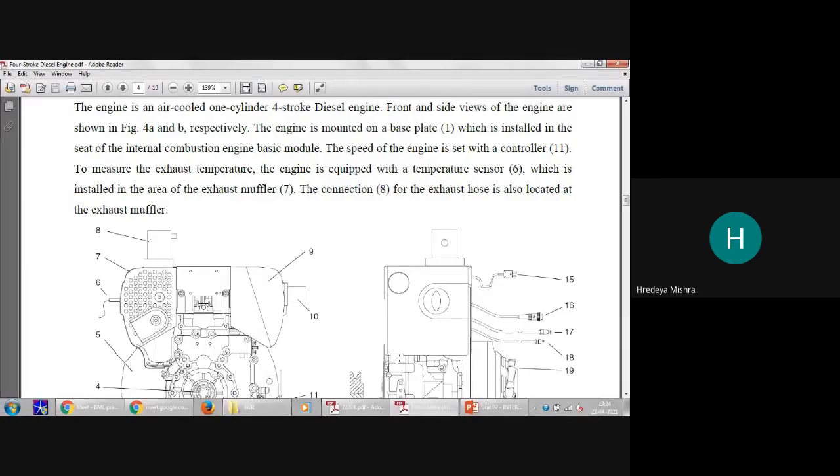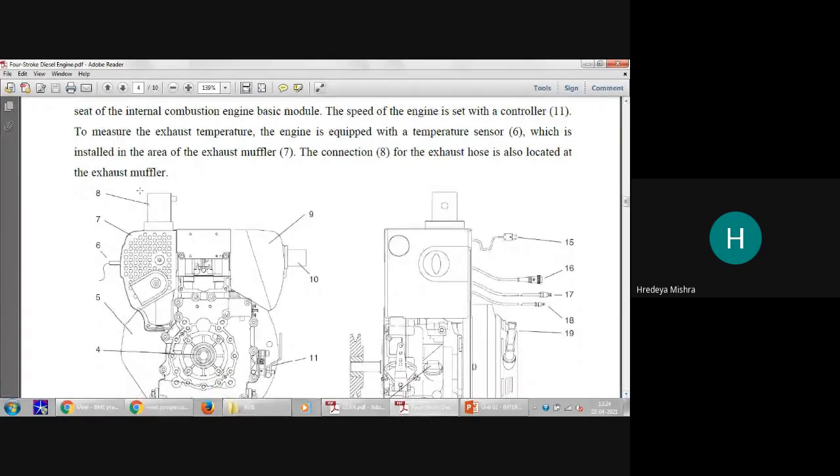To measure the exhaust temperature, the engine is equipped with a temperature sensor 6, installed in the area of the exhaust muffler 7. This is the muffler. The connection 8 for the exhaust hose is also located at the exhaust muffler.